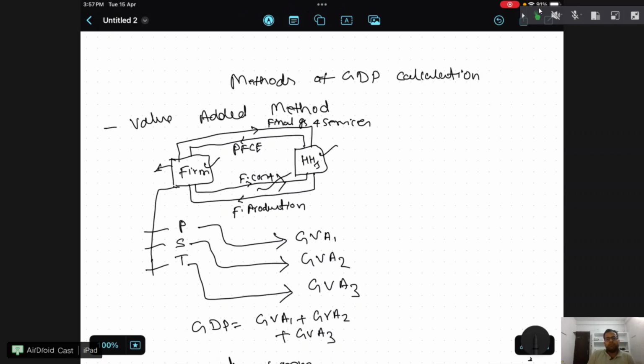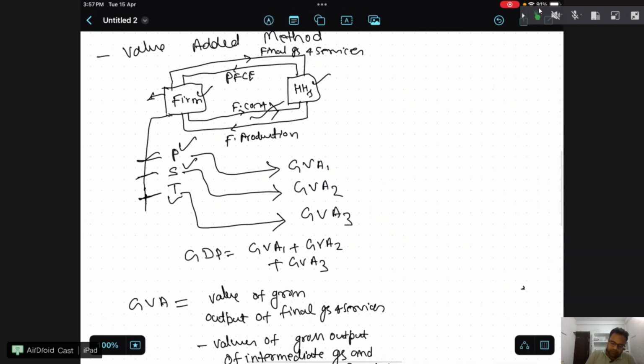In order to do that, we divide the economy into three major sectors, as we had seen in the last lecture: primary sector, secondary sector and tertiary sector. Whatever the primary sector is producing, whatever the secondary sector is producing, whatever the tertiary sector is producing, what we need to do in this method is find out the total sum of the gross production of each of the sectors in order to calculate the GDP through the value added method.